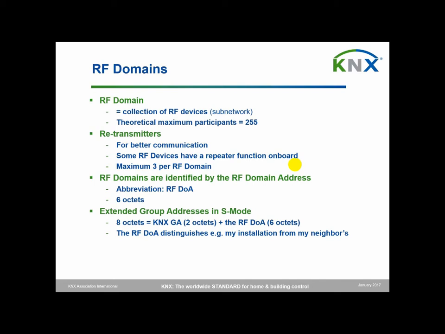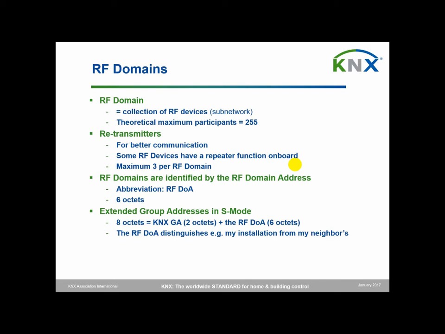However, reaching this maximum is not easy because it's an open medium, so it is really vulnerable to interference. Therefore, retransmitters have been introduced. In order to improve the communication between the devices of an RF domain, some of the RF devices have a repeater function on board. Not all of them, but some of them.